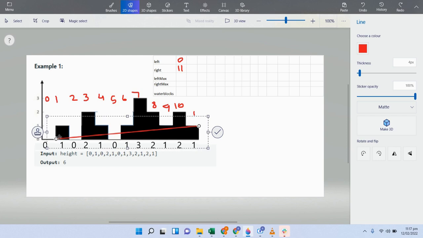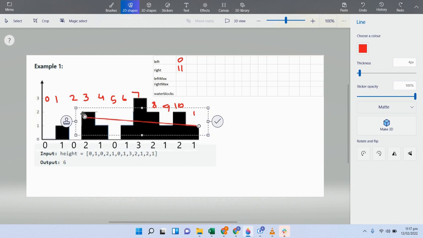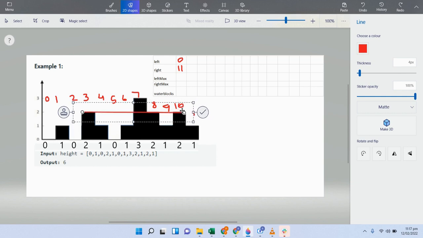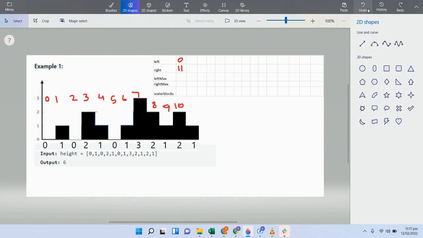This is the first thing that you need to remember. Whenever you see the elevation, you have to see the slope. If the slope on the left side is smaller, the pointer that you are going to move forward is the left pointer. But if you come to a point where the left value is greater, then you need to move the right pointer, and so on, right? This is the first thing that you need to remember.